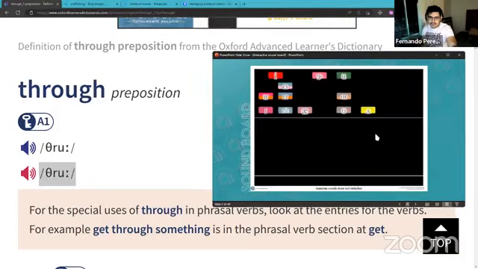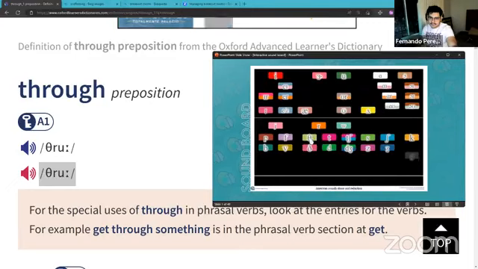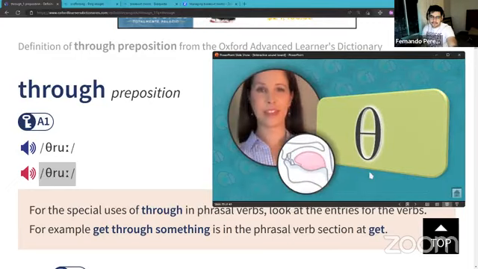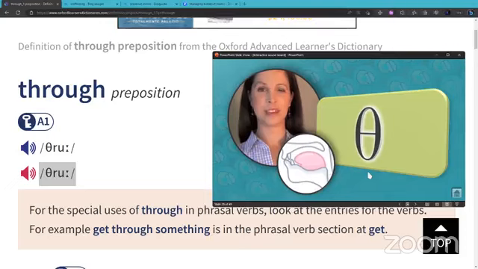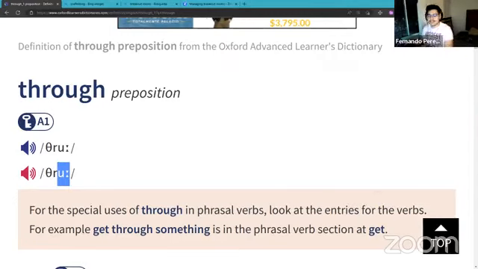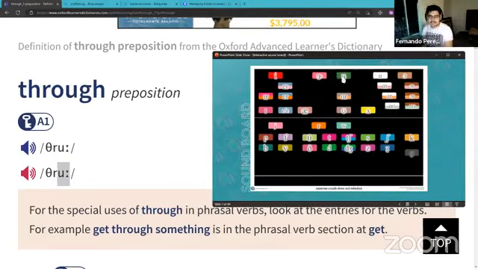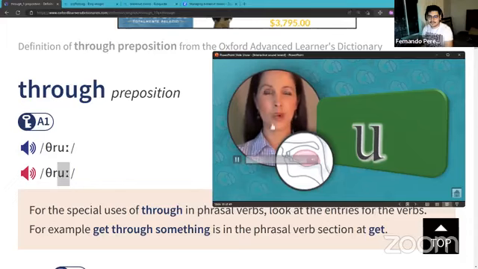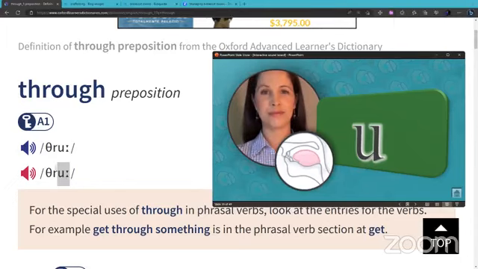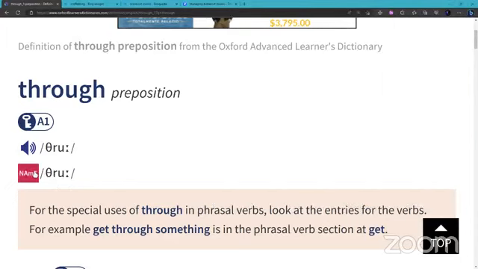We are talking about this consonant. Grow. And this? Grow. Vowels, how do you pronounce this? Through. Yes, again. Through.